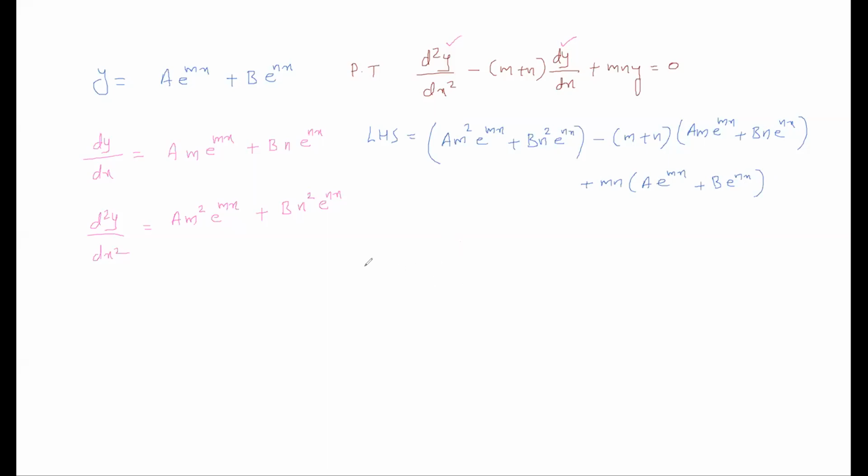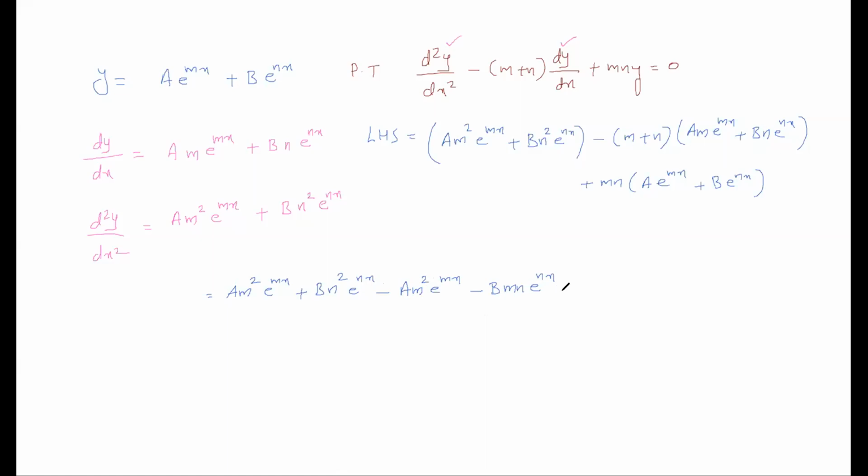So now this is equal to, for the first term there is nothing to do, it is a m square e to the power mx plus b n square e to the power nx, then multiply by m, so minus m into, yes, that is minus a m square e to the power mx, again minus b m n into e to the power nx.